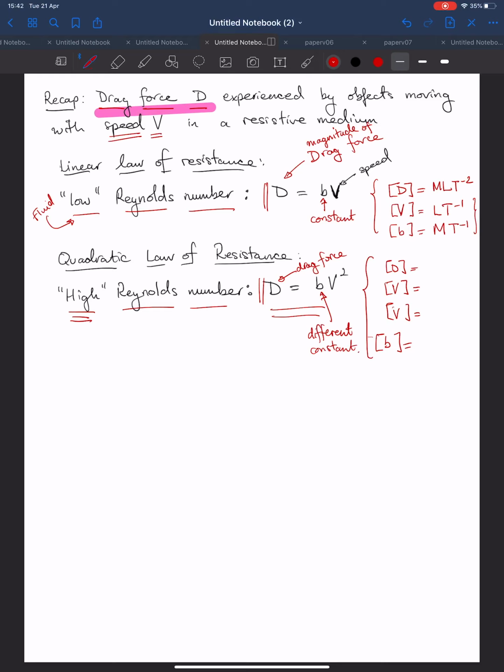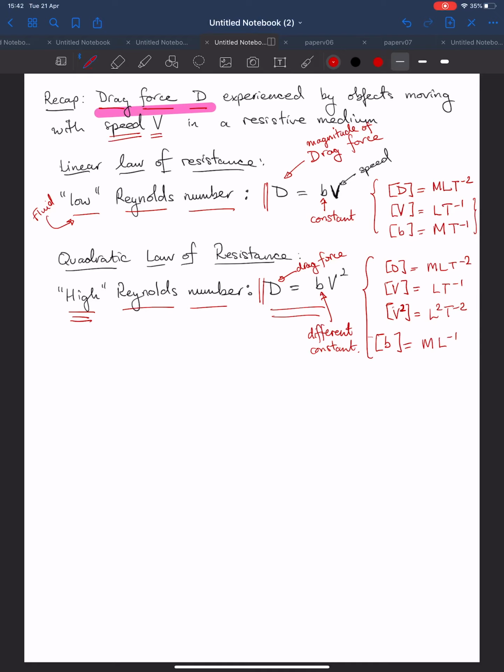And again, we can do some dimensional analysis of this, and we can compare left with right. So we know our left-hand side is this. We know our v has the units L T to the minus 1. So we know that the square of v should be L squared T to the minus 2. So again, if I just look at my equation for the quadratic law of resistance, what we see is in order for this to be dimensionally consistent, we should have B having the dimensions equal to M times L to the minus 1.